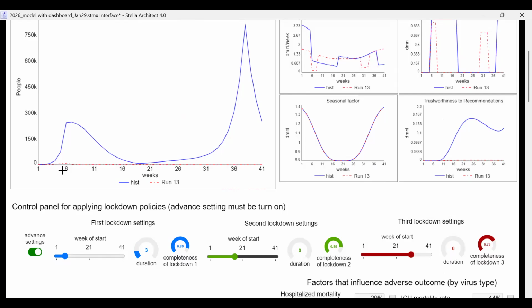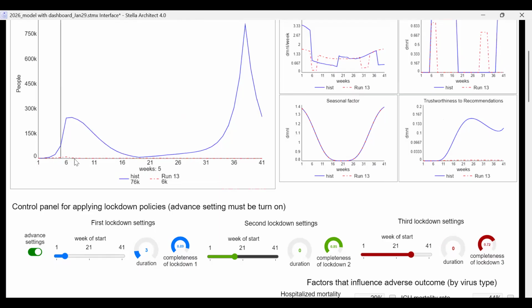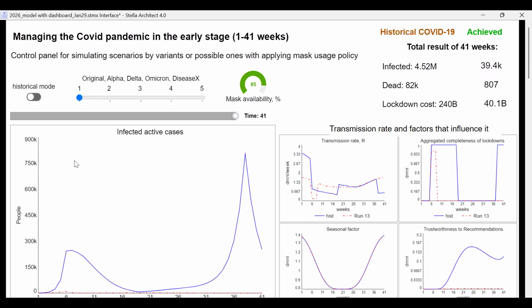Now we see only very small spike here, which is probably acceptable. So you see, by imposing a small lockdown, which was a bit costly, we still managed to reduce the number of infected massively, and we almost avoided people who perished from COVID-19 or from the future virus.